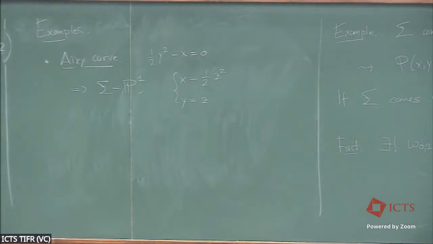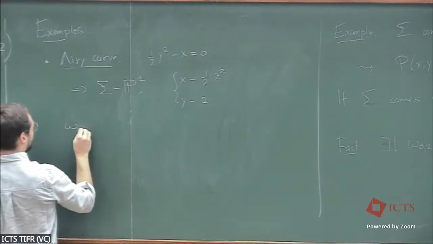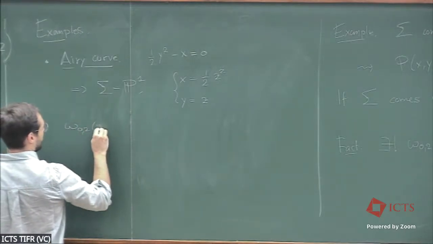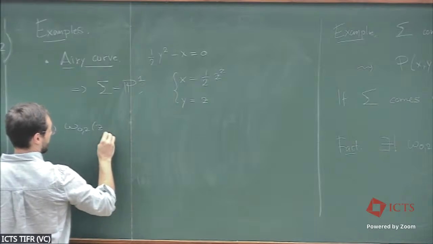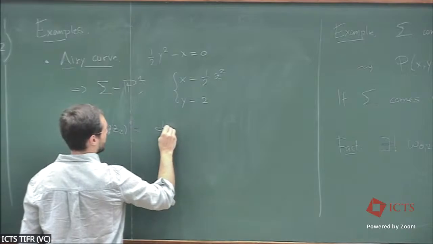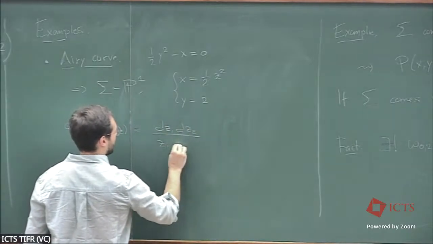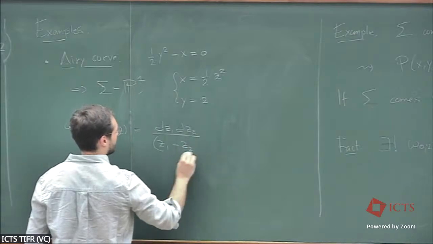Okay. And P1 is compact, and there's actually no Torelli marking to pick. So what this fact is saying is that there exists a unique omega 0,2 on P1, and this is exactly given by the expression that you can suspect. So on P1 this is just dz1 dz2 divided by (z1 minus z2) squared.